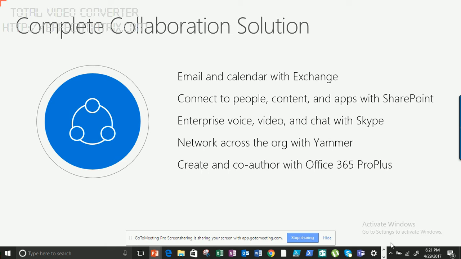Let's say Facebook is meant for you to collaborate with the rest of the public, with your friends and all, so Yammer is something which can be used within your organization. And yes, we have Office 365 Pro Plus, which is nothing but your Word, PowerPoint, Excel. And Office 365 Groups. This is a new term, a new application which came up in Office 365. As I said, I have a different slide coming up on this later in this session, so I'll be talking in detail about Office 365 Groups at a later point of time.